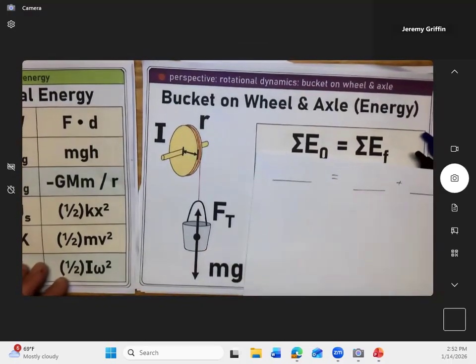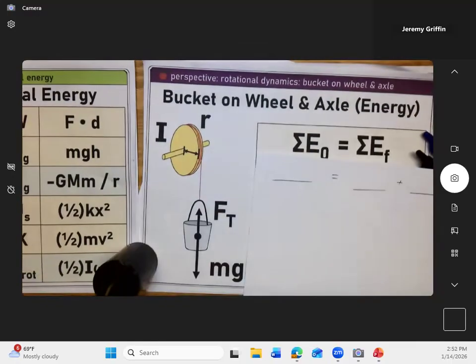Okay. All right, so one more trip around the room to see who correctly constructed that equation I'm looking for. Close.